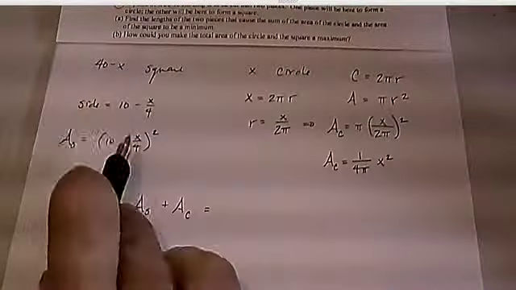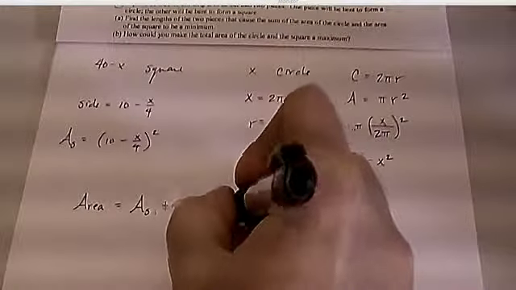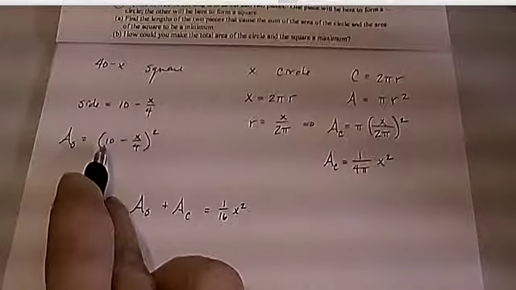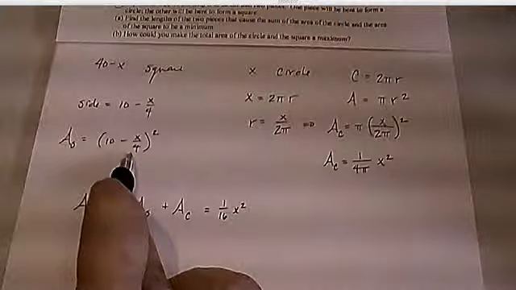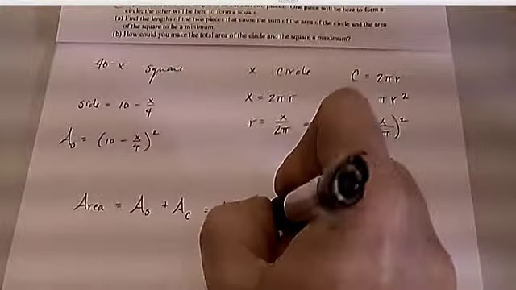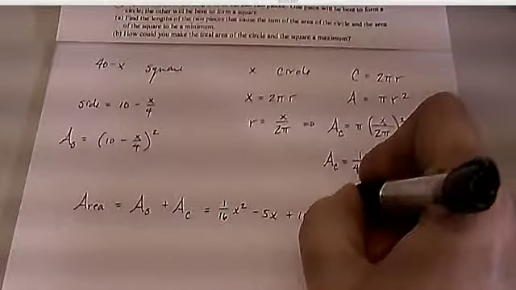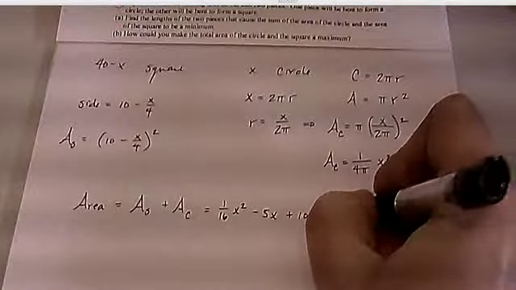Now let's go ahead and multiply this out. That's going to be 1/16 x squared. Of course, the middle term is going to be 2 times these 2 times each other, so it's going to be minus 5x, because 10 times 1/4 x is negative 5/2 x, times 2 is minus 5x, plus 100, and that's the area of the square, plus 1 over 4 pi x squared.